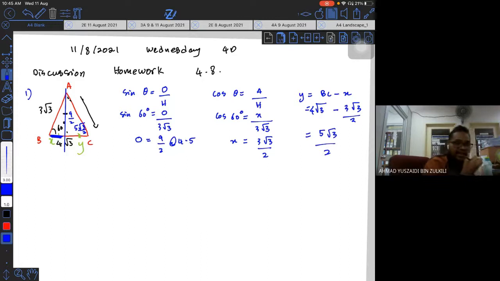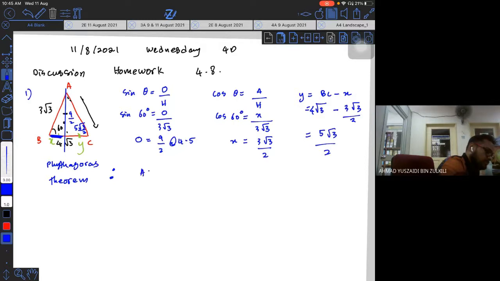So can we find AC now? Use Pythagoras theorem. Remember, you will always use Pythagoras theorem. It is the most used formula in mathematics and additional mathematics. AC squared is equal to what?